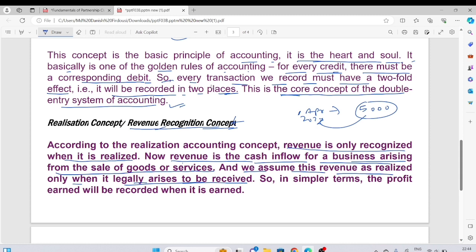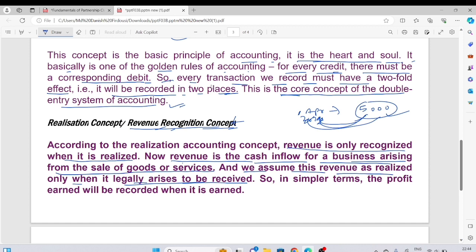So the revenue recognition concept says that whatever revenue is related to this financial year, whether it has been realized or not realized, received or not received, but has arisen, it should be recorded into the books of account of this particular financial year. This is the revenue recognition concept.